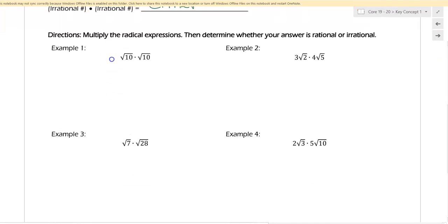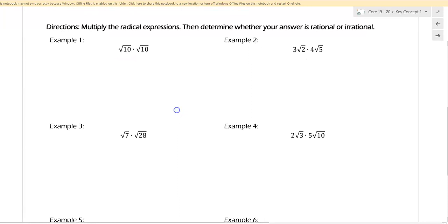So, multiply the radical expression, then determine whether your answer is rational or irrational. How we multiply here is we multiply the outside and then multiply the inside.